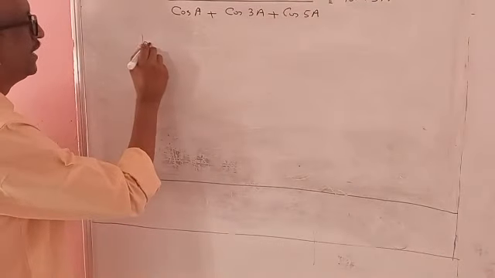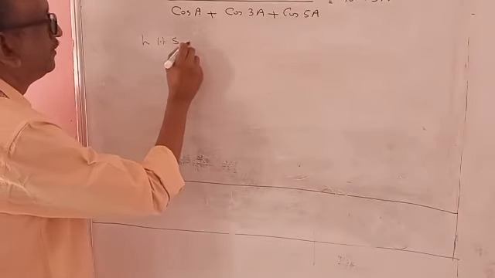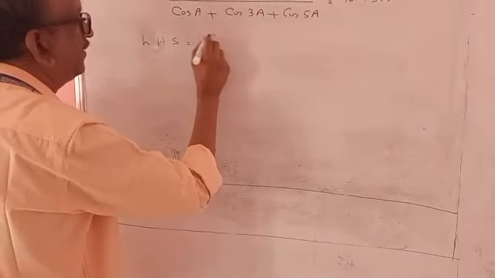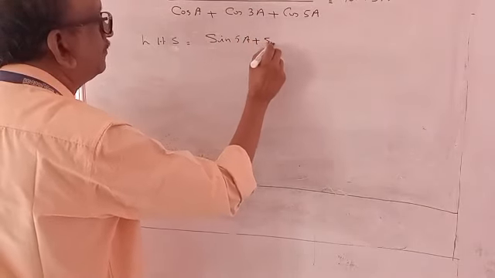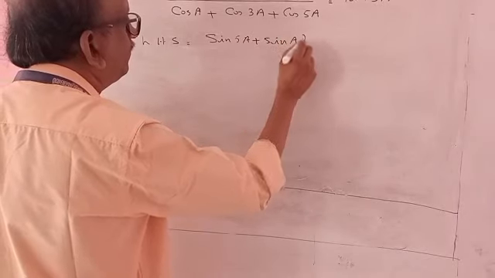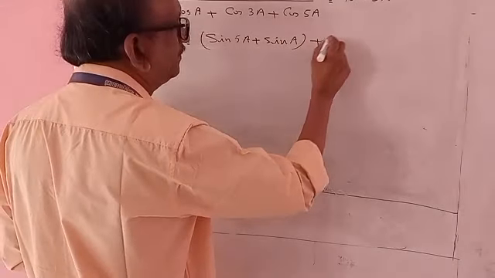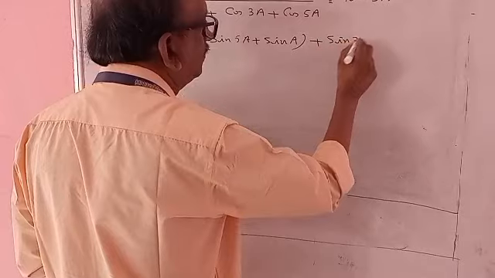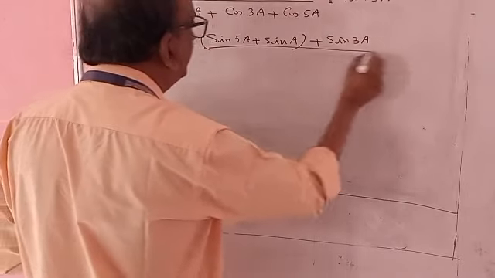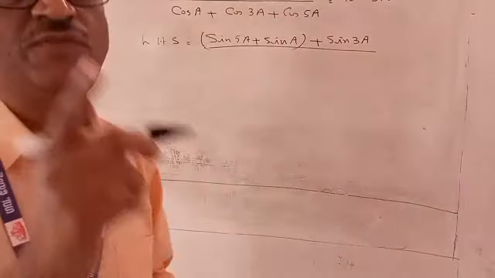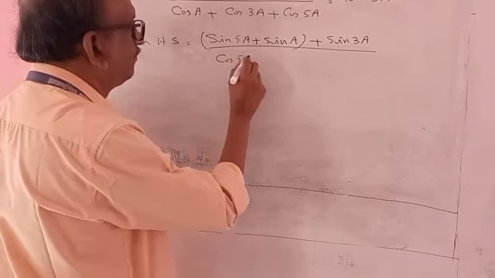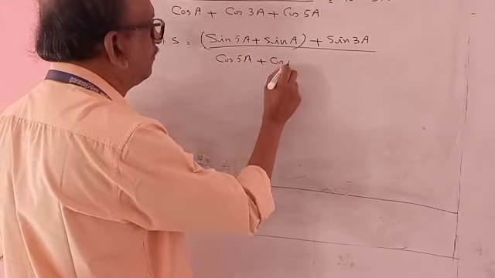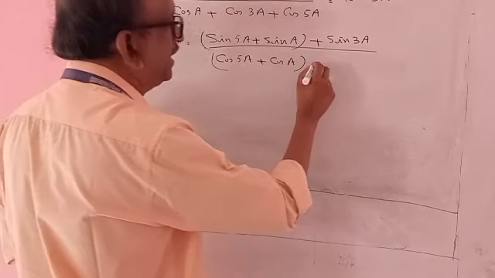Left hand side is equal to: group sin a and sin 5a, plus sin 3a, divided by, in the denominator, group cos 5a and cos a, plus cos 3a.